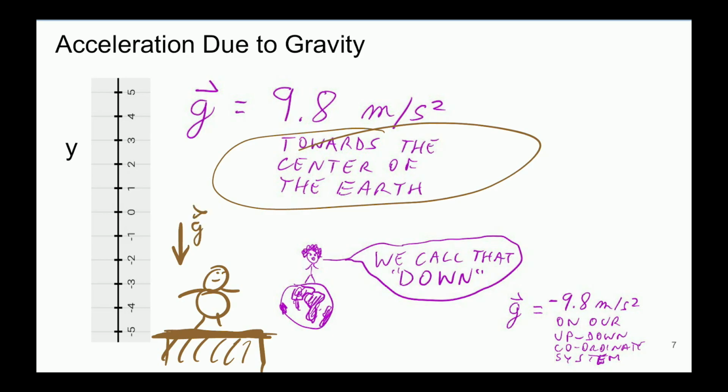And so because of that, we're going to use negative 9.8 meters per second squared for gravity, right? So the negative just falls out of the fact that traditionally we say that that direction is negative vertically, and that direction is positive vertically.